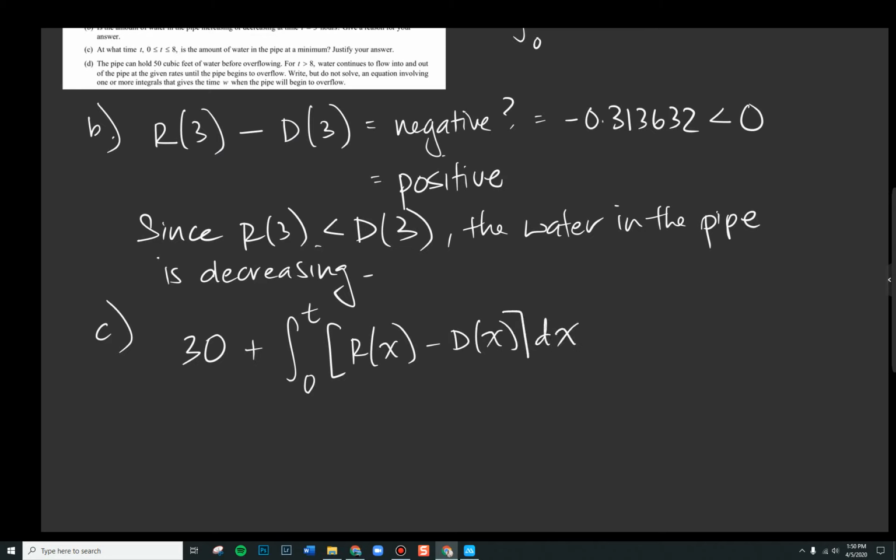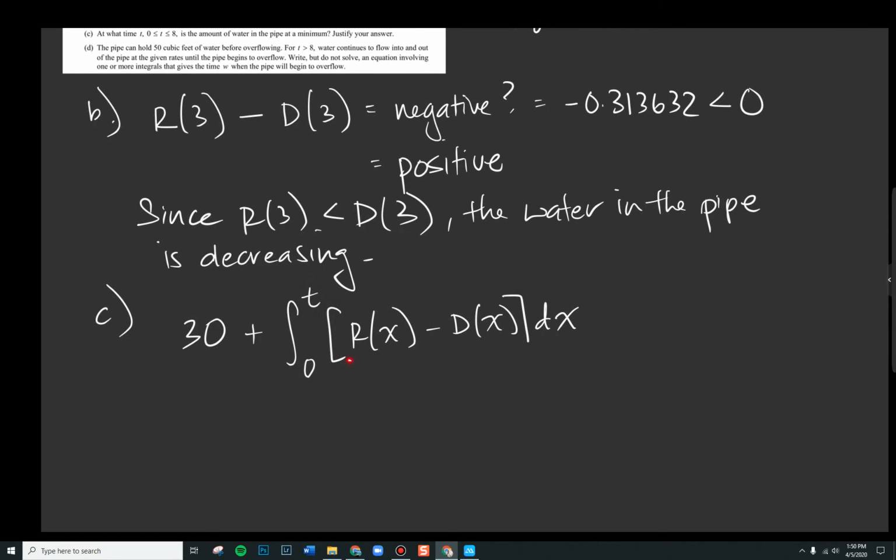The reason I use this t right here is that since we're looking for a specific time, I'm going to use t for that specific time. I've changed my rates to R of x and D of x. Just make sure you don't have the same variable from here to here.